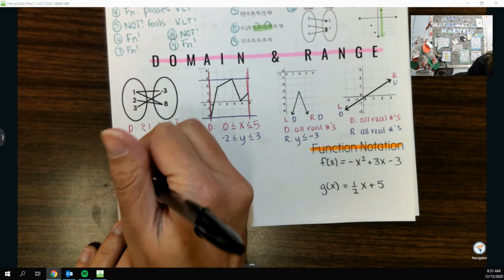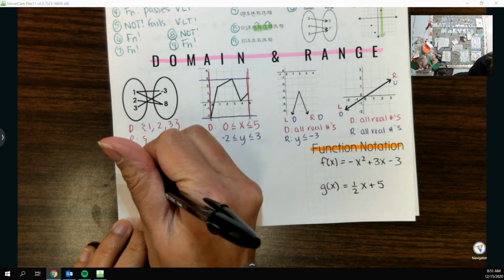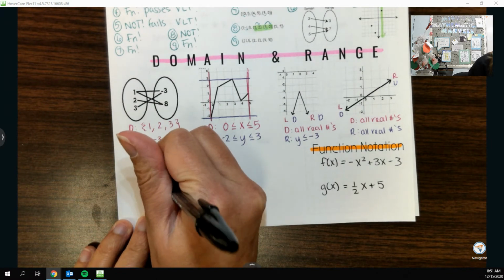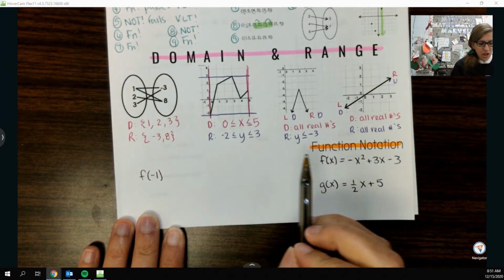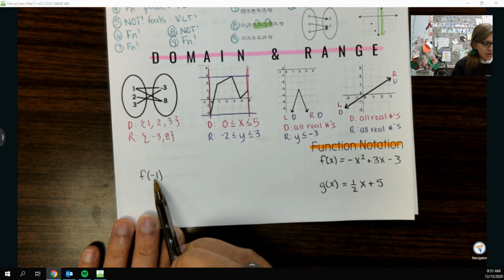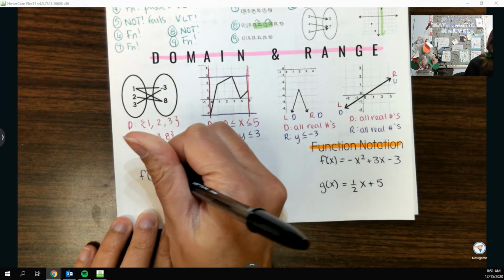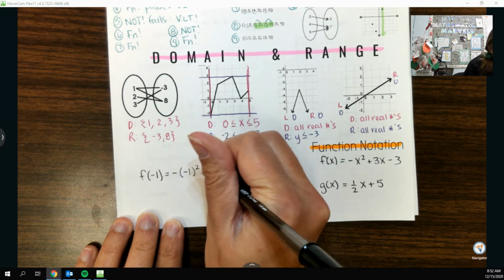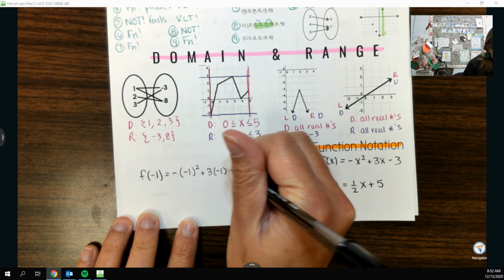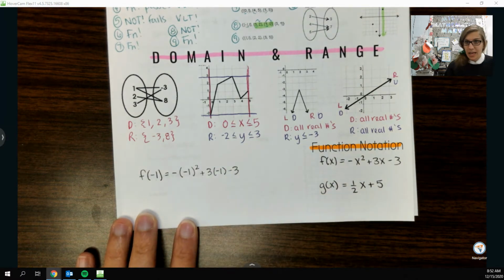For example, if I said, let's do f of -1. This is telling you to pick the f function, and this is showing you what you should input for x. So in place of x, with parentheses, I'll put a -1. And then we just simplify until we get our final answer.